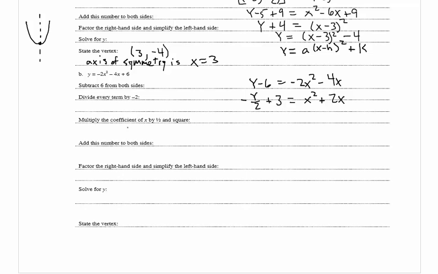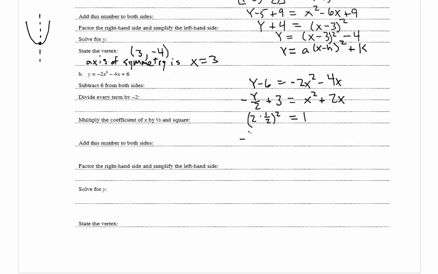And now we want to multiply the coefficient of x by 1/2 and square. So we have 2 times 1/2 squared. And 2 times 1/2 is 1, and 1 squared is equal to 1. And now we want to add this number to both sides.